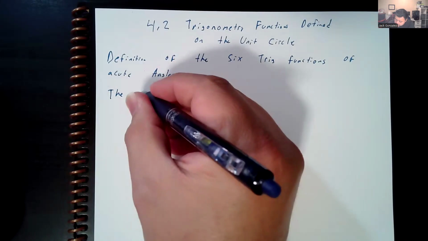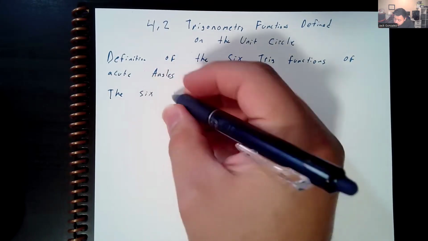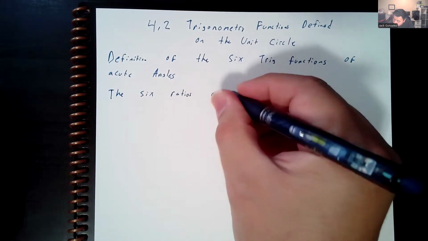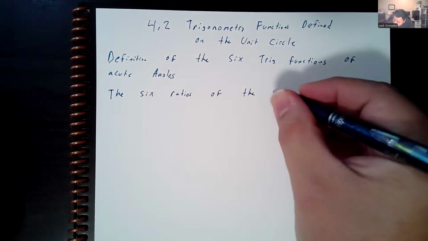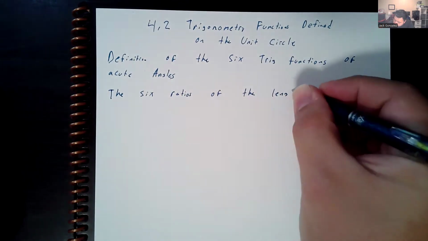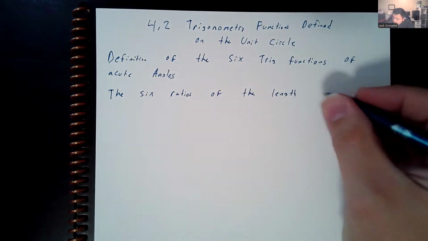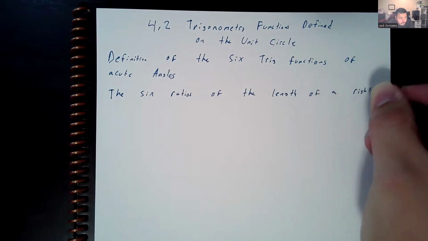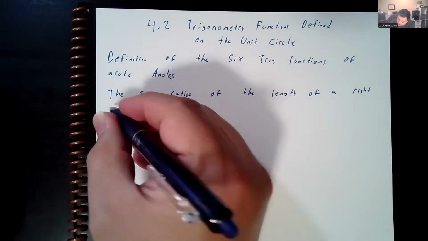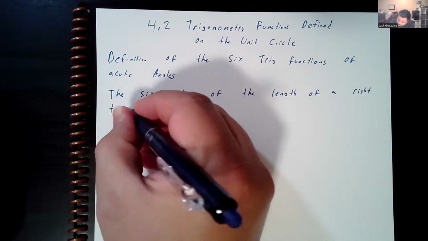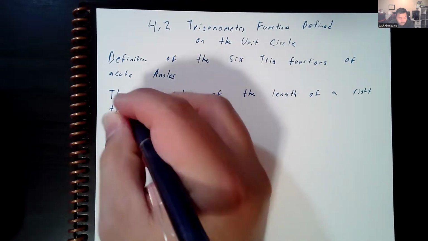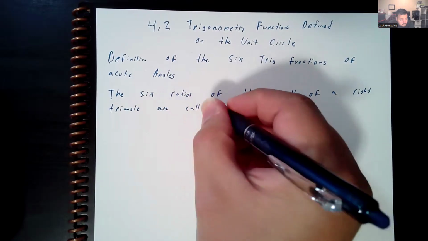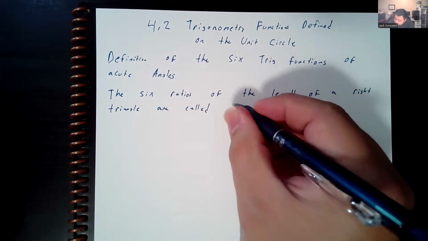The six ratios of the lengths of a right triangle are called trig functions.